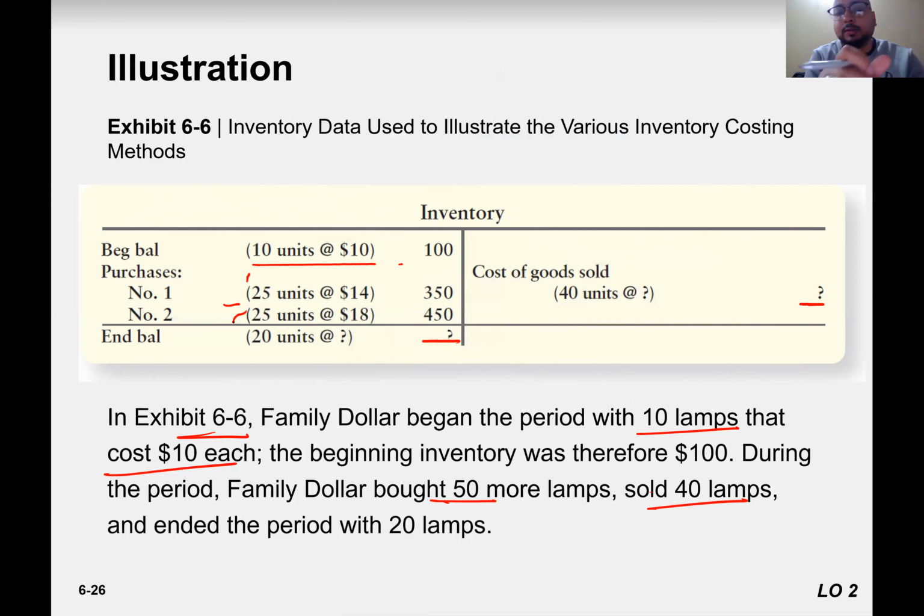Order one cost them $14 each, and order two cost them $18 each. So it means $350 for 25 units, and $450 for 25 units for order number two. And they sold 40 lamps.